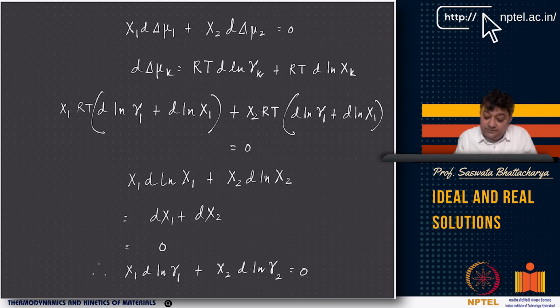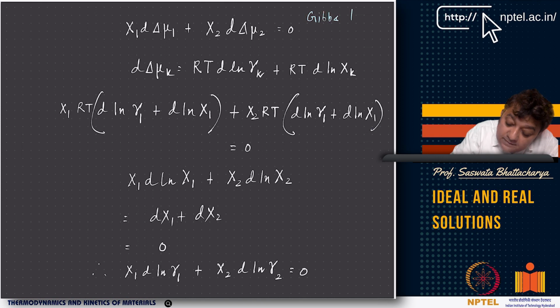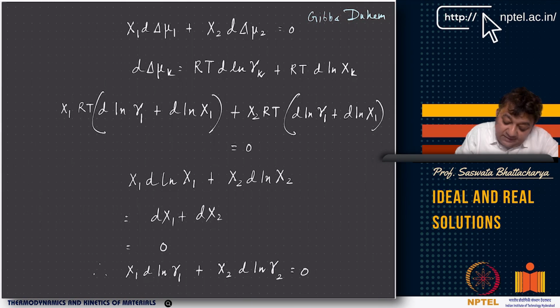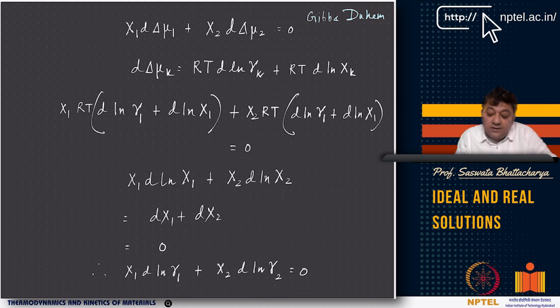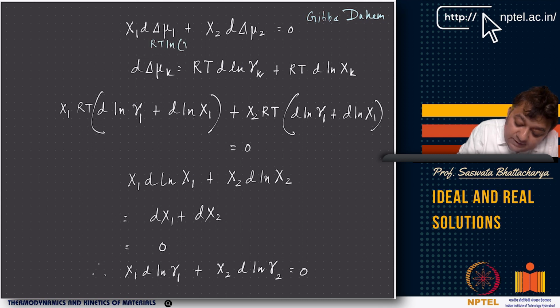Okay, so another thing, this is again the Gibbs-Duhem relation, right? This is Gibbs-Duhem. You can write it this way: d delta mu k is RT d ln gamma k plus RT d ln xk, right? Because delta mu is nothing but RT ln ak, or RT ln gamma k xk. So you are taking a binary solution.